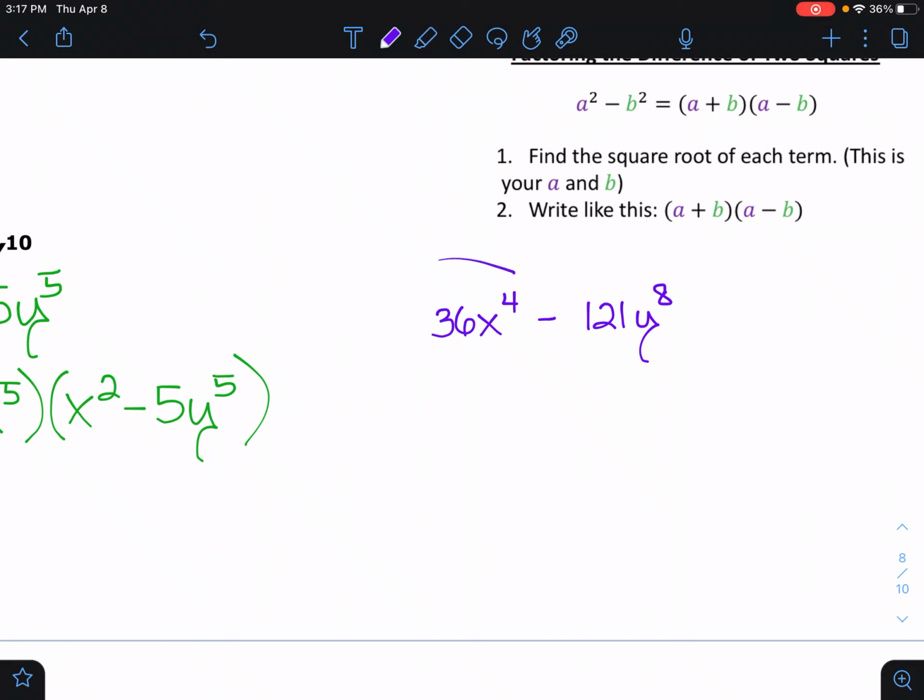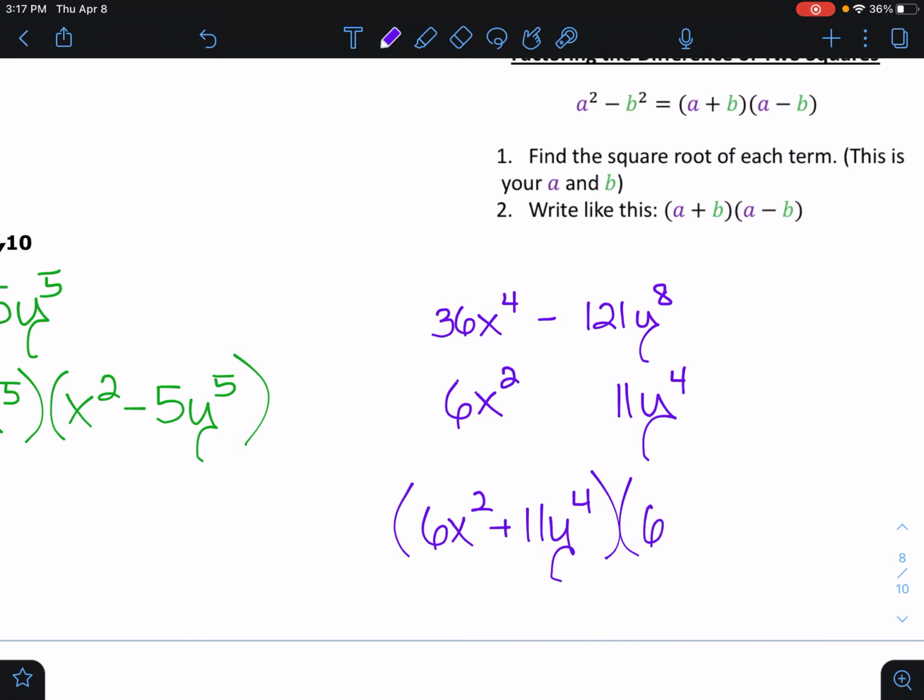Now I'm going to take the square root of this. That would be 6. To get this part right, you're just going to cut the exponent in half. So this would be x to the second. And what is the square root of this? It would be 11, and then y to the fourth. If you're not good at these numbers, use your multiplication chart. Then you just go 6x squared plus 11y to the fourth and 6x squared minus 11y to the fourth. And there we go.